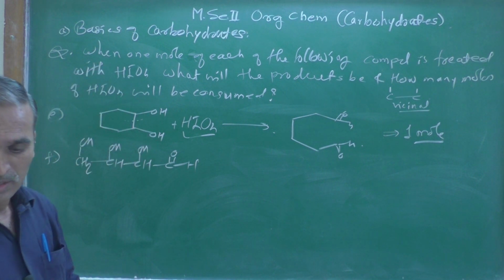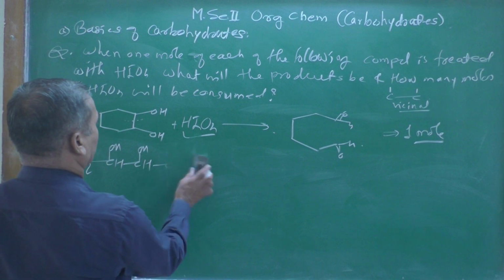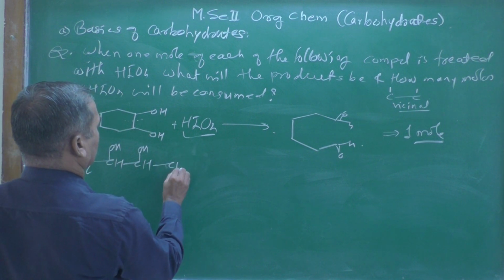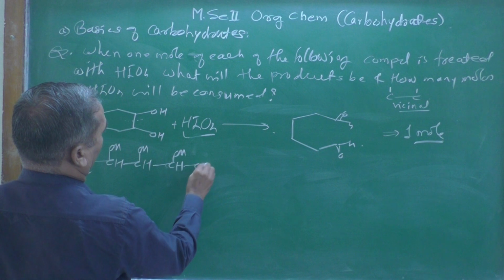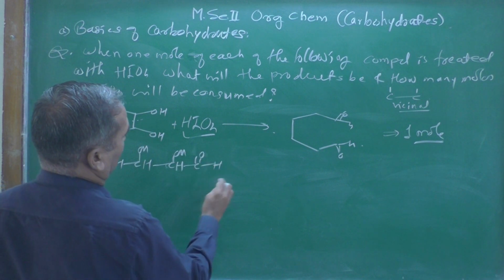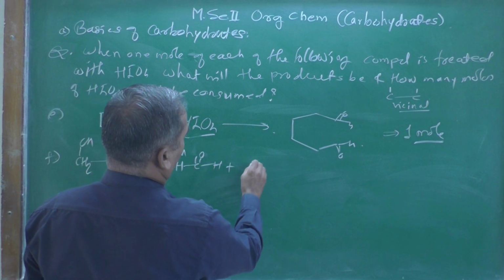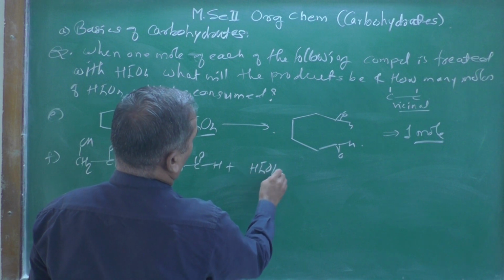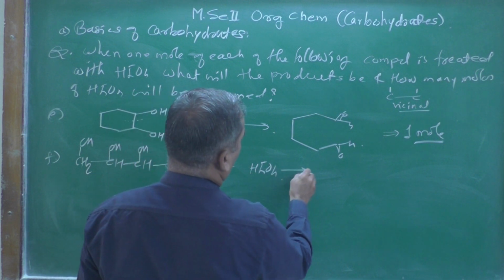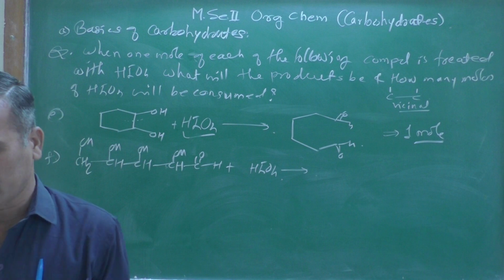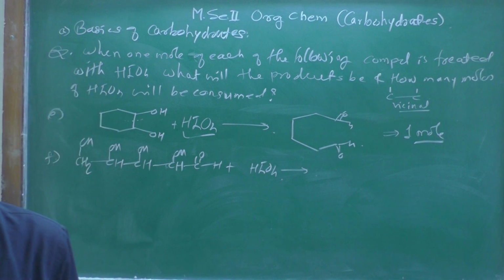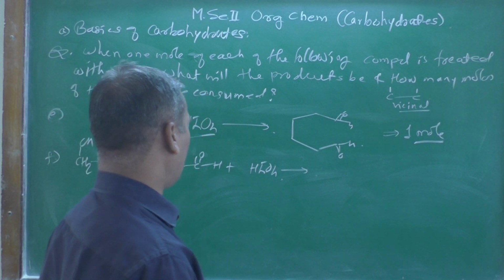Now one more hydroxyl group is there. Let me draw properly: CHOH and then C double bond O, and now I am going to use HIO4, that is periodic acid. So what kind of product must I get over here?